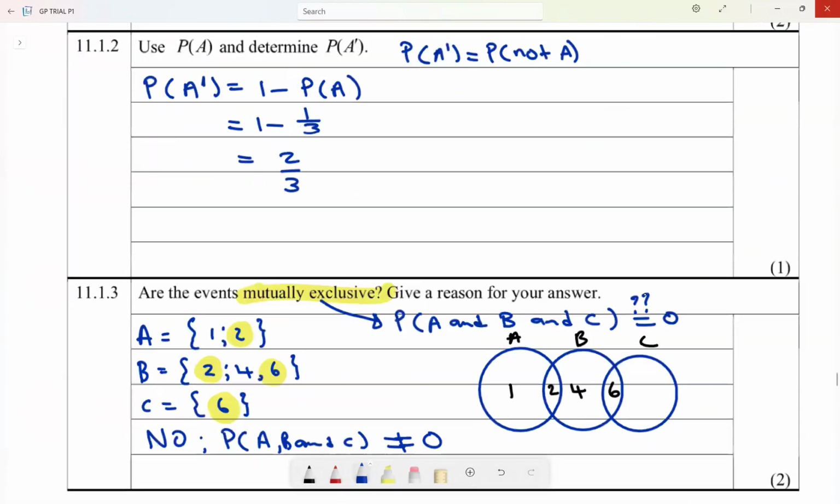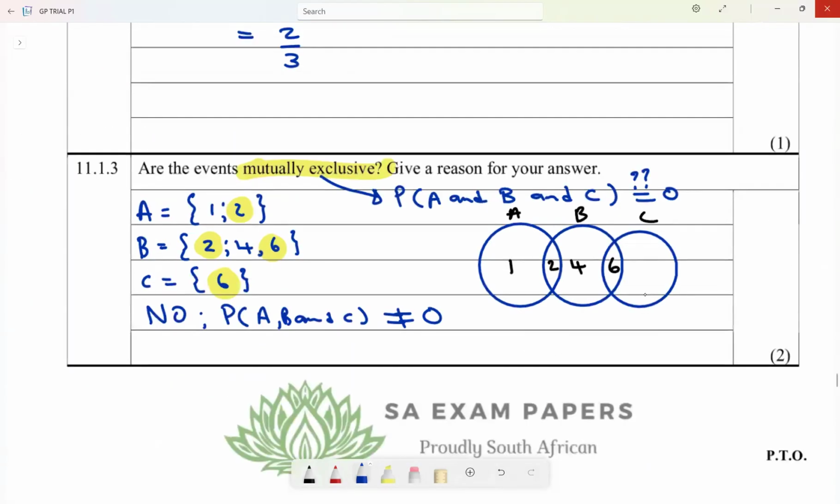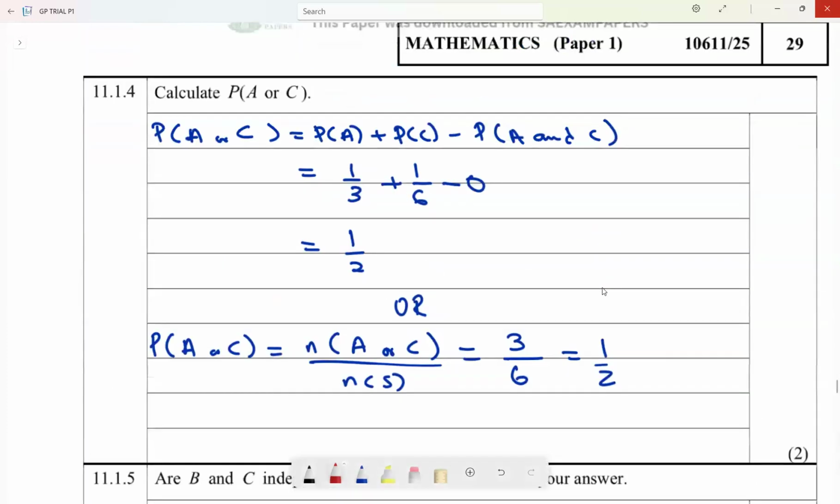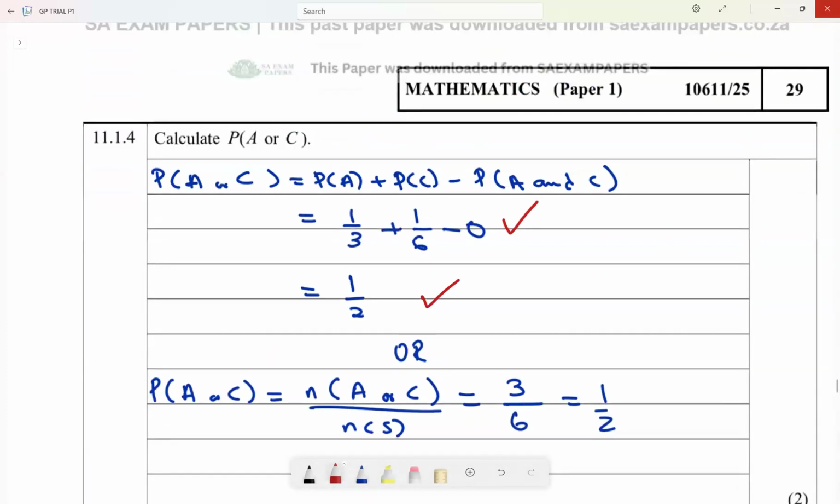The numbers between A and C are 1, 2, 4. So there are three numbers out of all possible numbers, which is 6, so it is just half. But preferably, I'd prefer you to use the formula and not make mistakes.